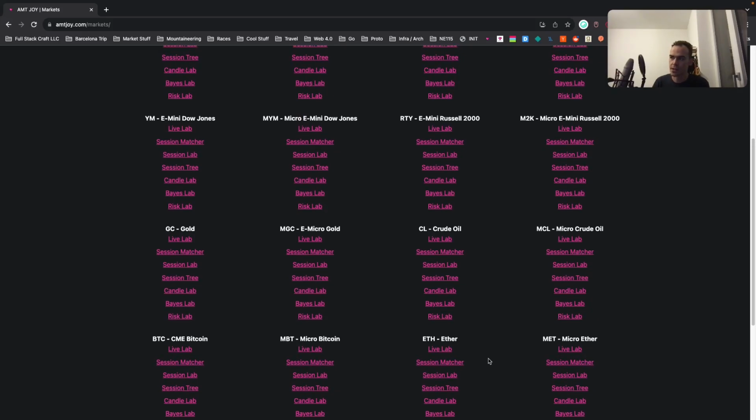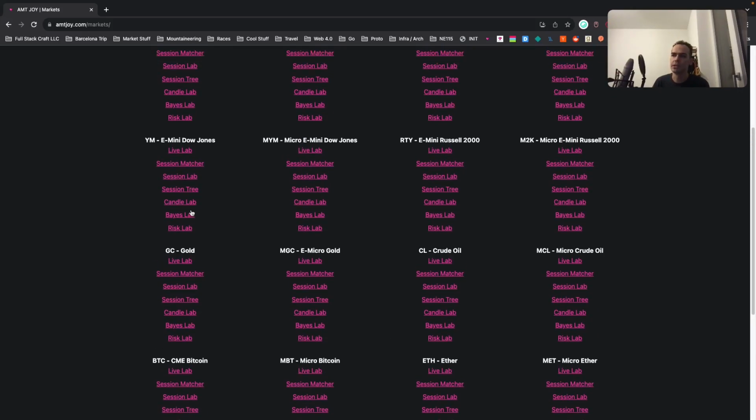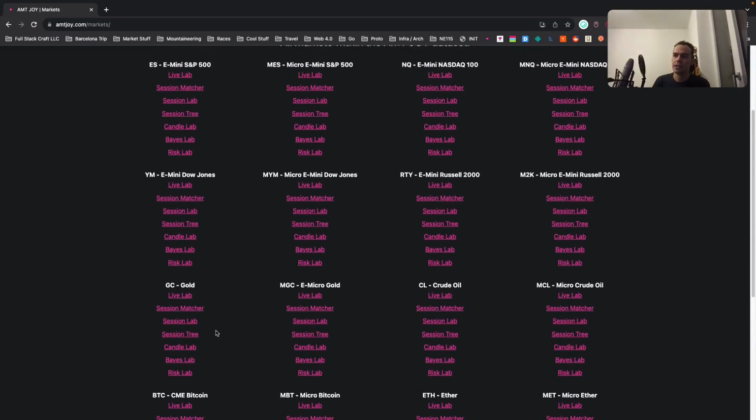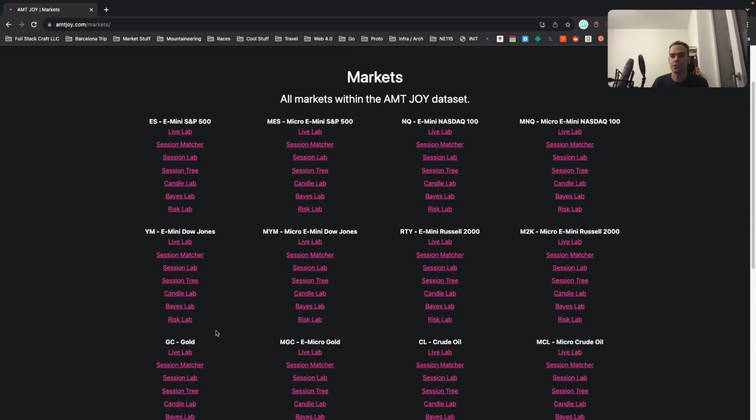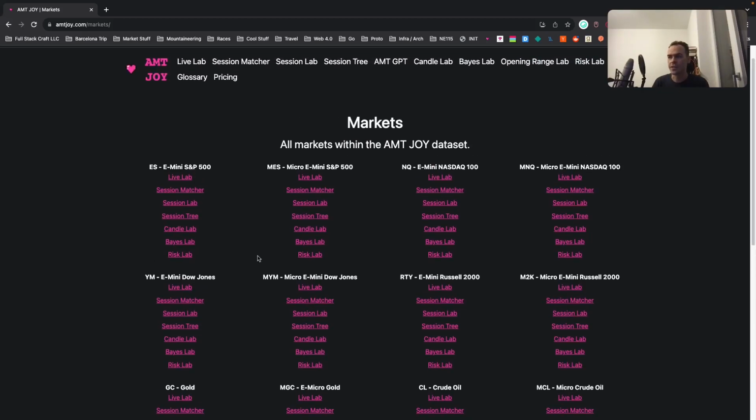Now, of course, between the mini and the micro, there may be small discrepancies in the price, but overall the only thing that's really going to make a difference is the volume numbers. That's probably the primary difference. But it just gives you that peace of mind. For example, I only trade MNQ, so when I'm here on AMT JOY, I'm only using MNQ.